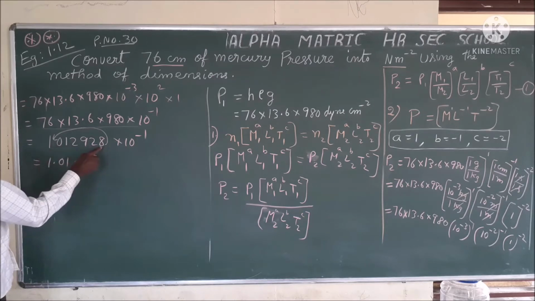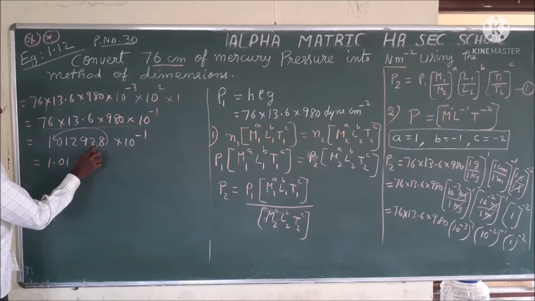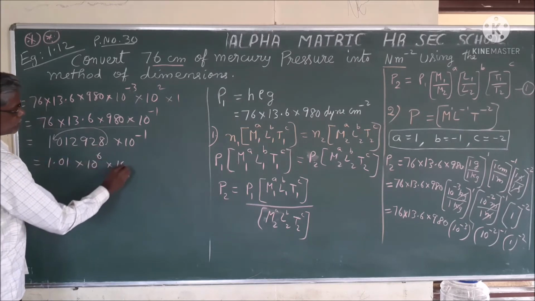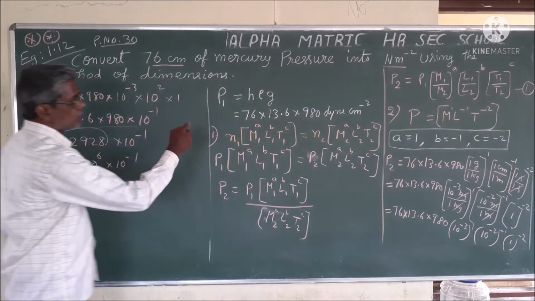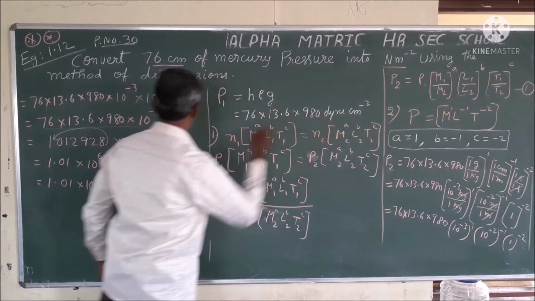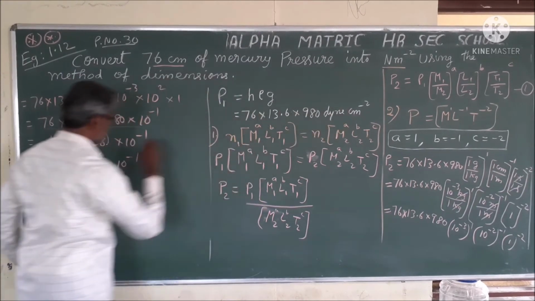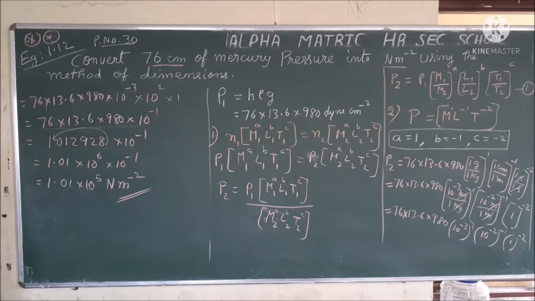Into how many digits did it move forward? 1, 2, 3, 4, 5, 6. So 10 power 6 into 10 power -1, that is equal to 1.01 into 10 power 5. Here, what is the unit for CGS? Dyne. MKS means Newton. Centimeter in CGS, in MKS it is meter. Is it clear?